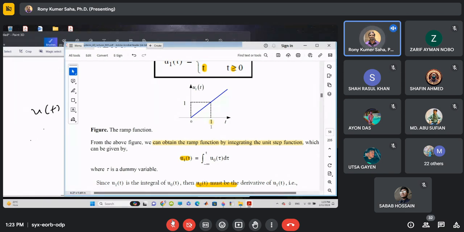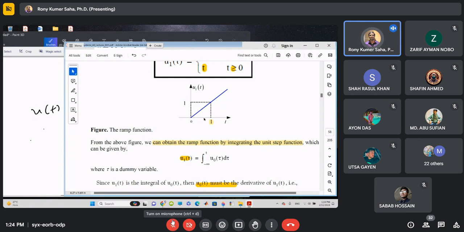So if you go up to t equal to 1, the value of t could be anything. It just starts from minus infinity up to this. For the unit step function, this value is basically 0, so you have this part left, and the magnitude is 1.